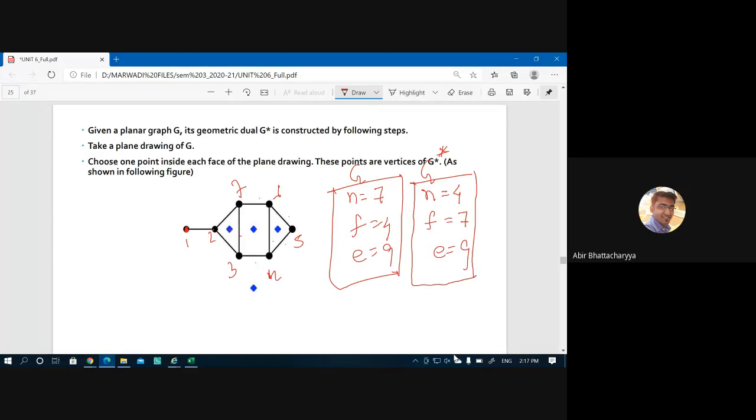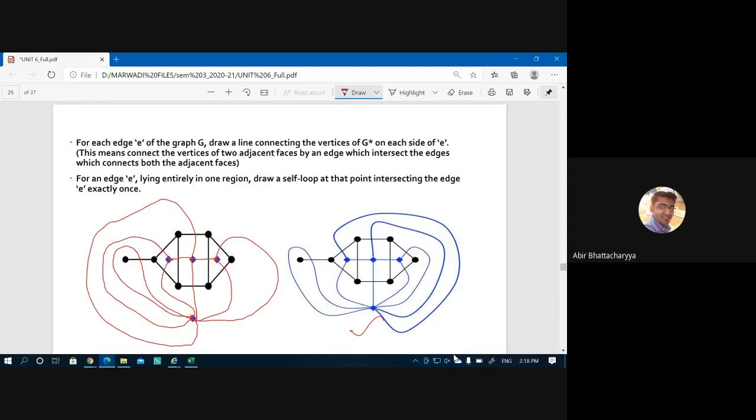So n changes to f and f changes to n in the context of original graph to dual graph. Here we have number of faces equals 7, number of vertices equals 4, and the number of edges is the same, 9 edges are there. Look at this: 1 2 3 4 5 6 7 8 and 9. So 9 edges are there.